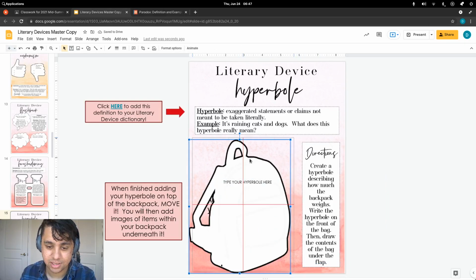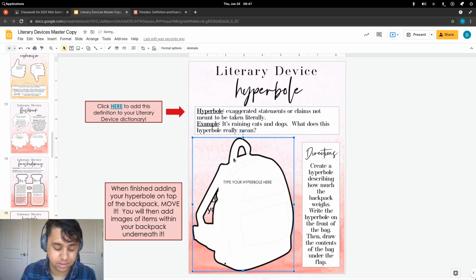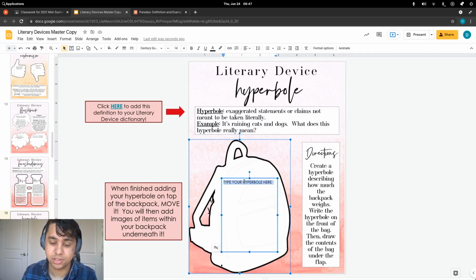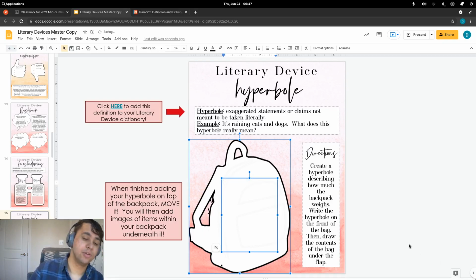So instead, let's go ahead and add a hyperbole to this. Now I want you to give me at least 3 hyperboles for how you can describe a backpack, and I'm going to give you one example myself. So obviously we can say that the backpack weighs a ton, but that's not very creative at all.